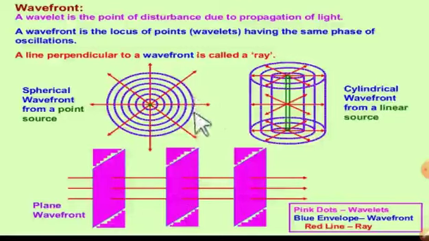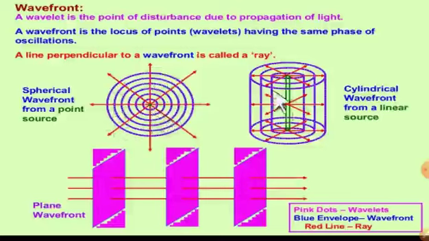So this ray will be perpendicular to this spherical surface, rather the wavefront. So your wavefront and the ray will always be perpendicular to each other. These are all the rays shown with a red line with an arrowhead. This is about the spherical wavefront.